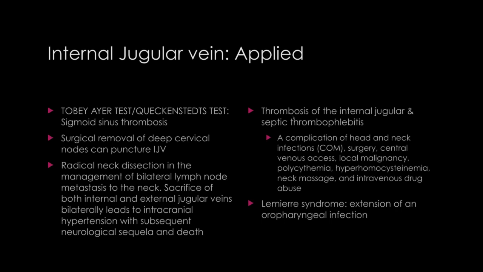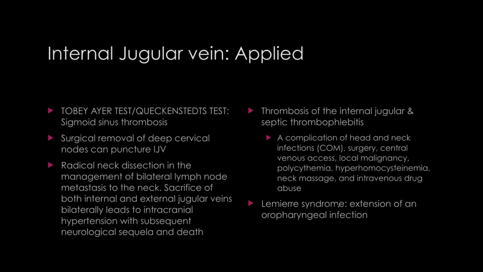So the thrombosis and the septic thrombus is caused due to infections in the head and neck region, like chronic otitis media. It can be due to surgery, due to a CVP line placement, due to local malignancy. It can be due to polycythemia, hyperhomocysteinemia, neck massage, and is also seen in intravenous drug abuse cases.